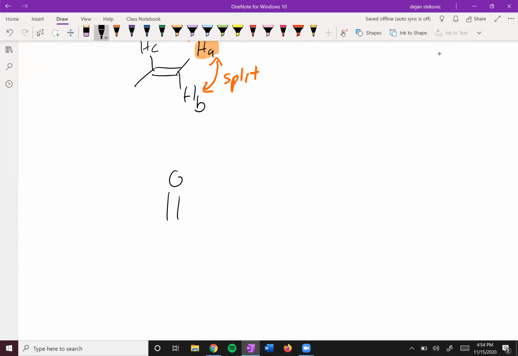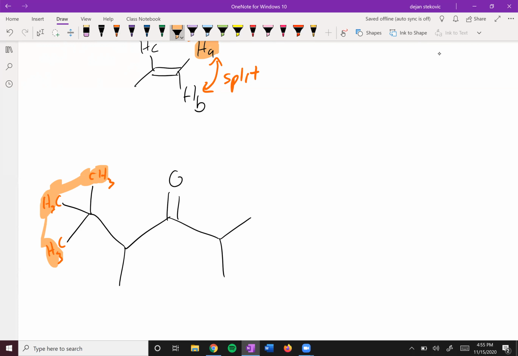And so if you take a look at a compound, you should be able to figure out its splitting pattern. So let's go ahead and take a look at this type of compound, and then we want to identify all the splitting patterns of all of our hydrogens. So if we start over to the left, we have these CH3, CH3, CH3. They're all part of this tert-butyl group, and so they're all chemically equivalent and they won't split one another.